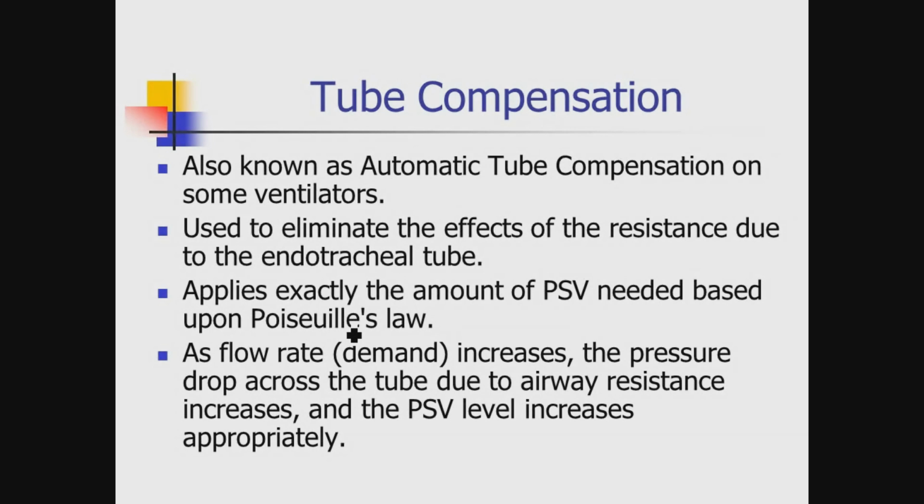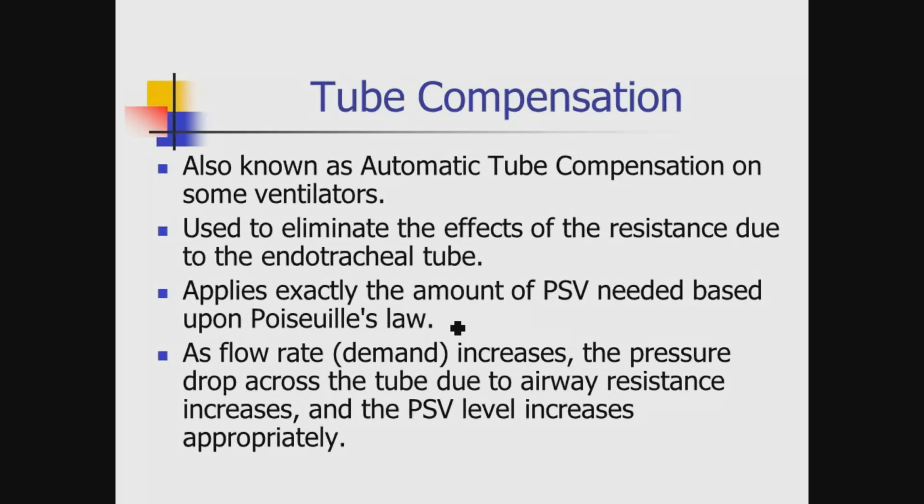Alternatively, there's something called tube compensation or automatic tube compensation. Now, this is basically exactly the same thing, except the ventilator is determining how much pressure to apply. Okay? I don't set the amount of boost that I'm going to give.